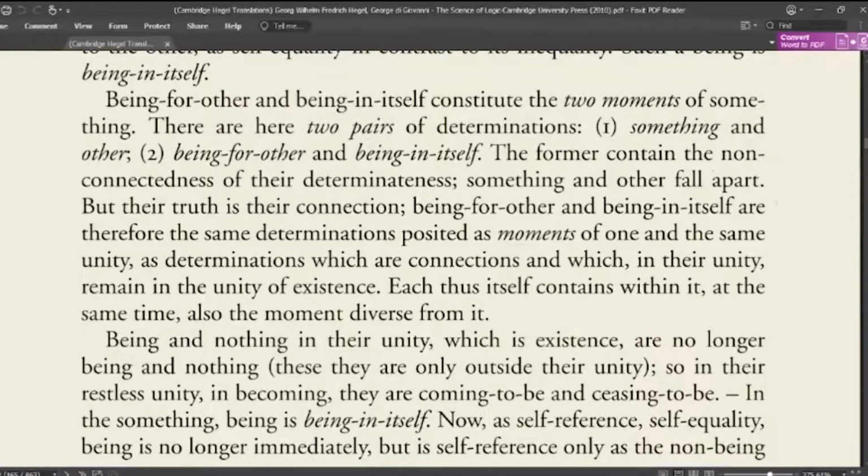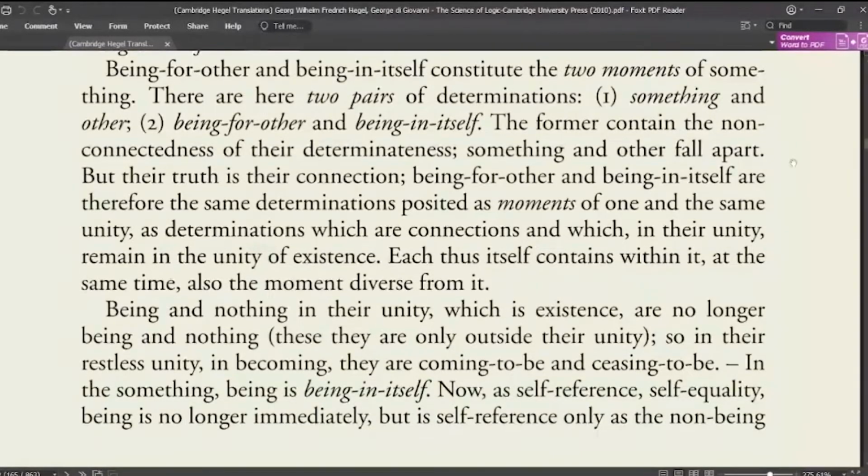I mentioned it before that you can look at everything that goes on in the logic either as going inwards or building upward. You can view all of this as digging into the grounds of being or the grounds of intelligibility, the conditional grounds, the condition for the possibility of whatever being is, or we're constructing it. You can see this as either we're going inwards to meaning or we're going upwards.